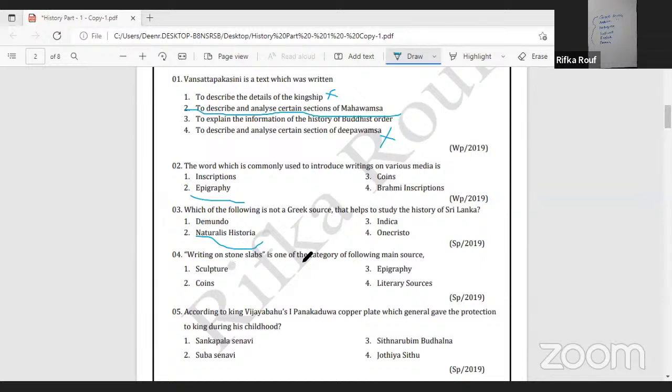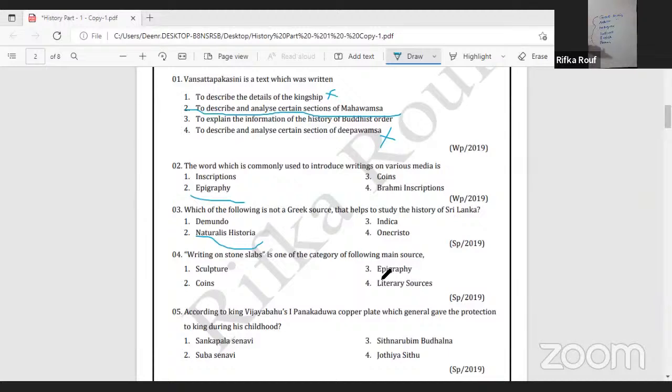Tell me the fourth one. Writing on stone slab is one of the categories of the following main sources. So what is it? Yes, it is epigraphy. Because I told you, writing on something is called epigraphy.